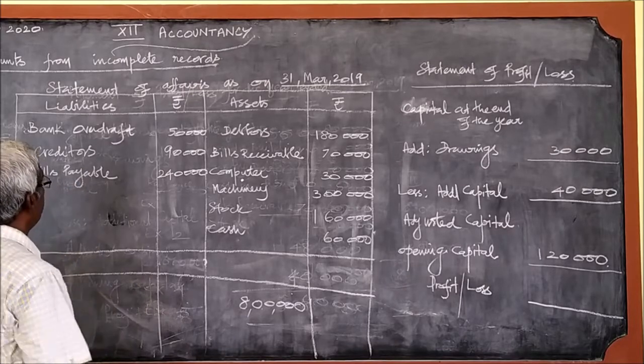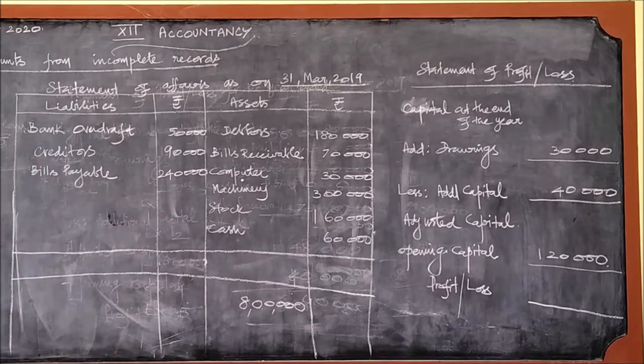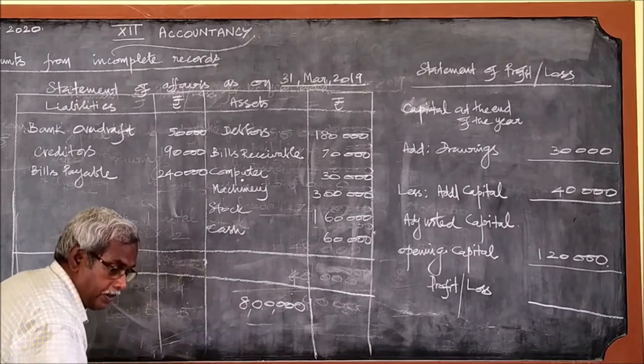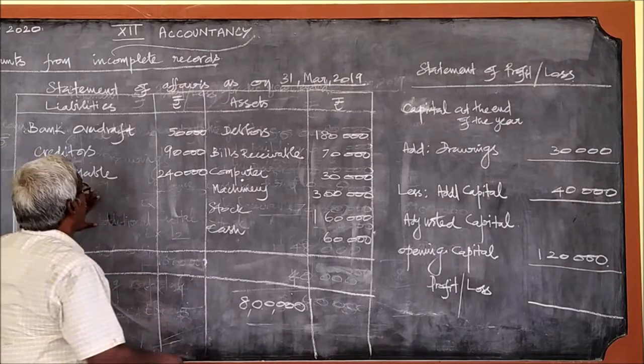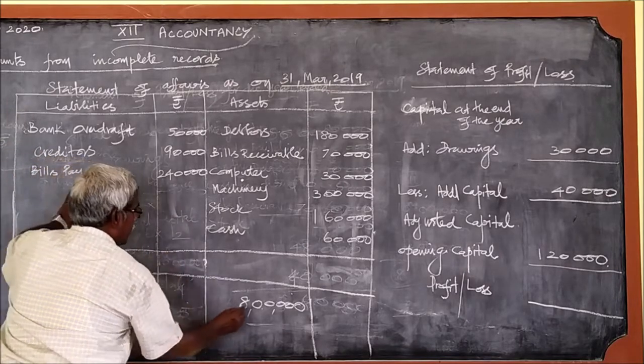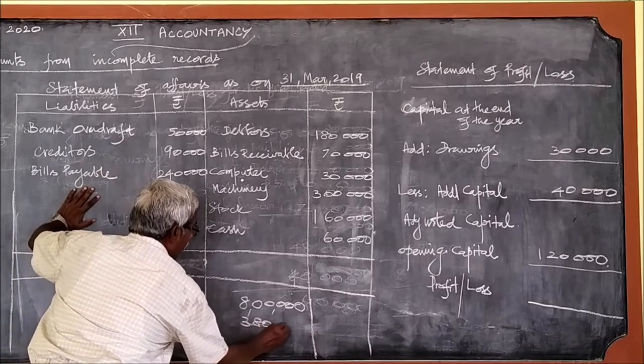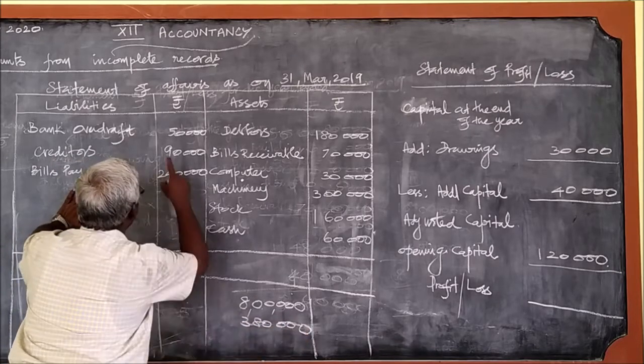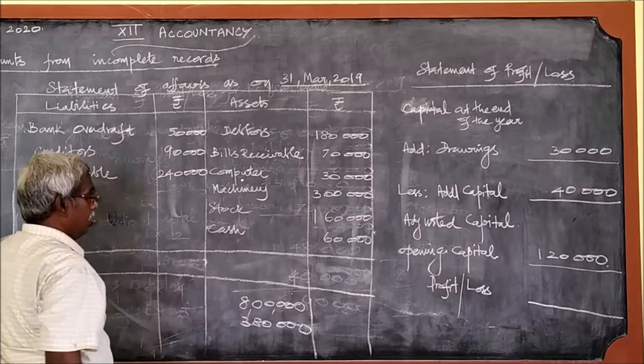And the liability side total is 3,80,000.